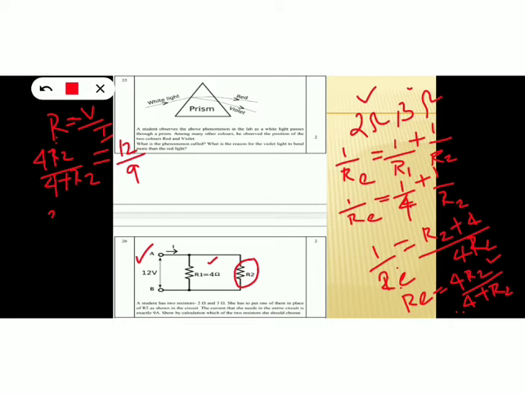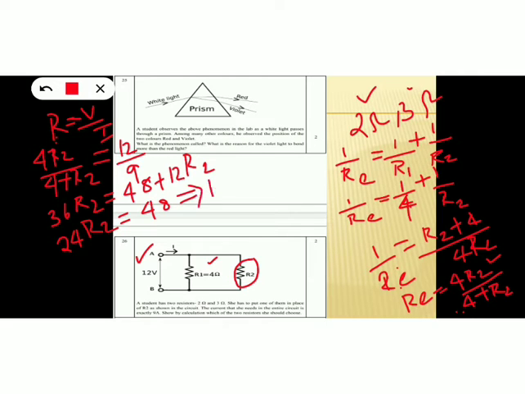So when you cross multiply, you will get 36 R2 is equal to 12 into 4, 48, plus 12 R2. Now 36 minus 12. What is 36 minus 12? It will be 24 R2, isn't it? So 24 R2 is equal to 48, which gives R2 equal to 48 by 24, that is equal to 2 ohm.